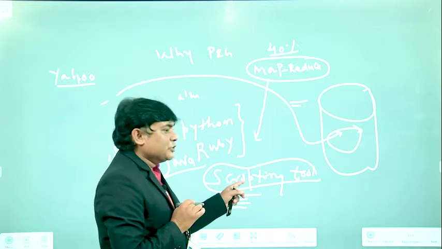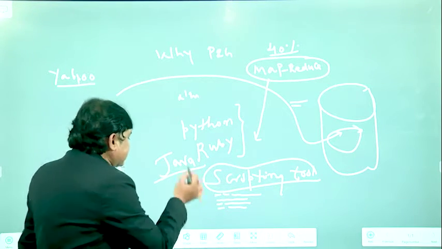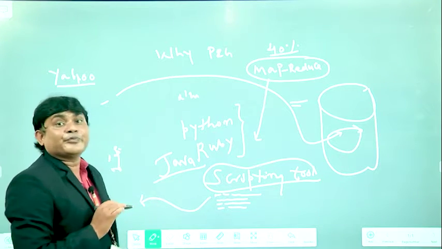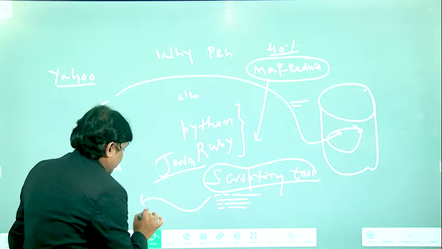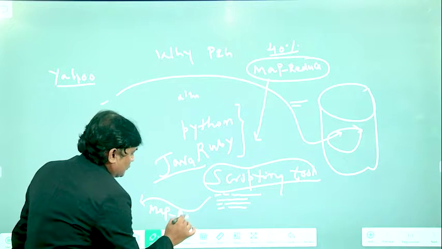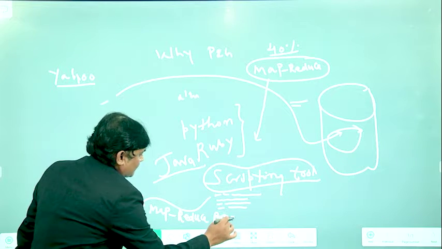So what does the scripting tool do? It converts the script into a series of MapReduce programs or MapReduce jobs.